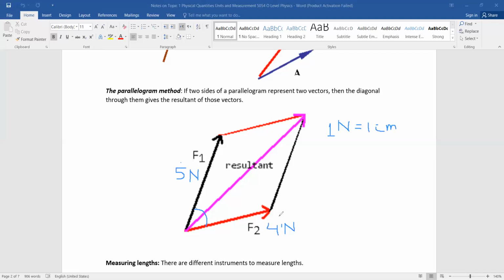Sir, a parallelogram is a four-sided shape. So when there are two vectors, F1 and F2, in order to find the resultant, first we have to complete the parallelogram. Okay, fine, I'm helping you. What I asked you actually is, what is called a parallelogram? How will you complete the parallelogram?